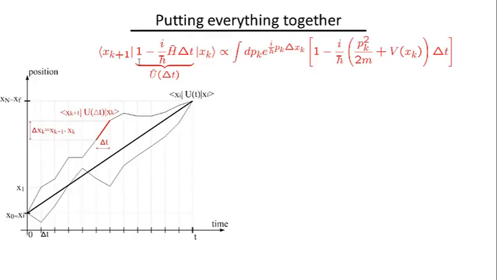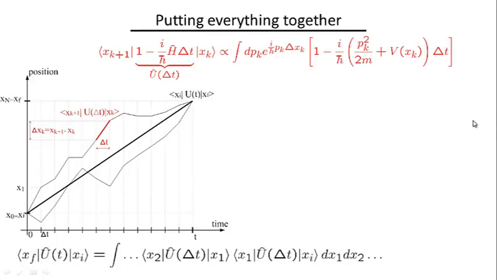In the previous slide, we have calculated the matrix elements that we need to describe the propagator, and so these are these matrix elements. We write them in a uniform fashion: there is this one coming from this term, and there are the kinetic and potential energy coming from the Hamiltonian term.